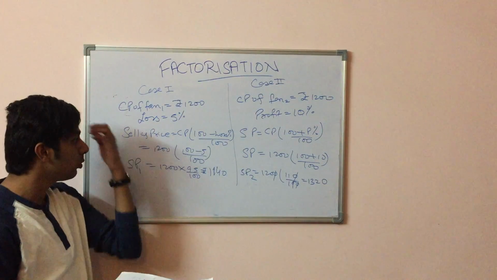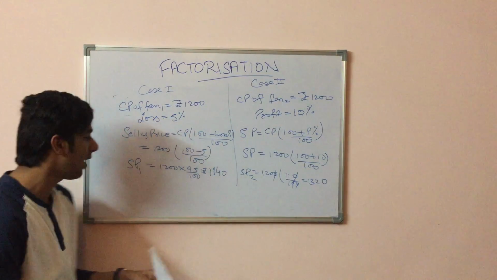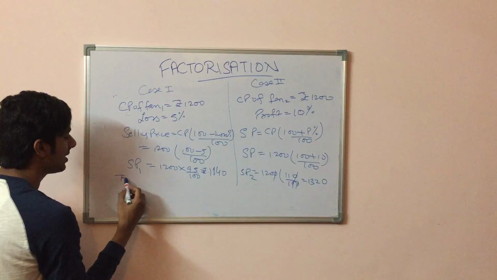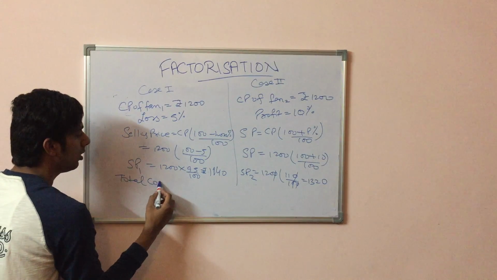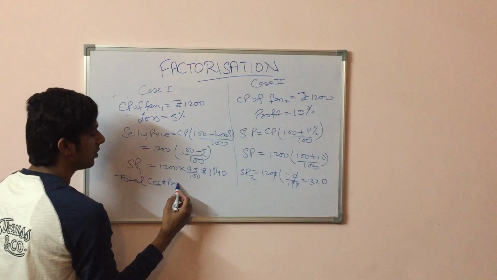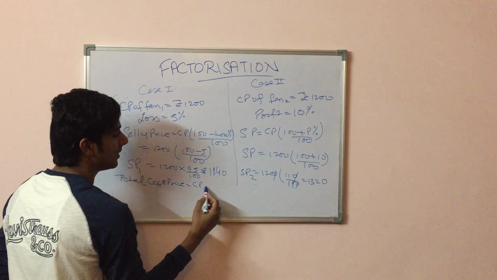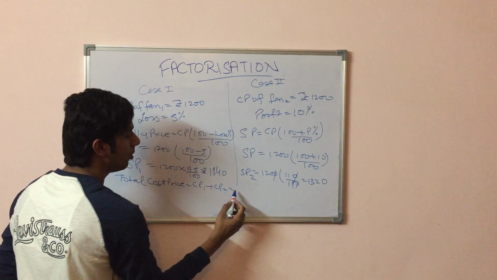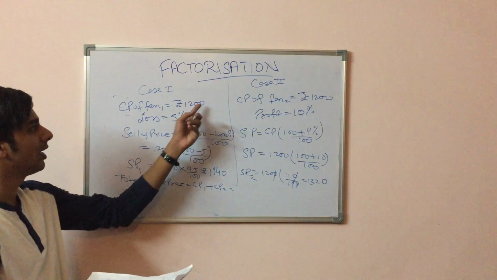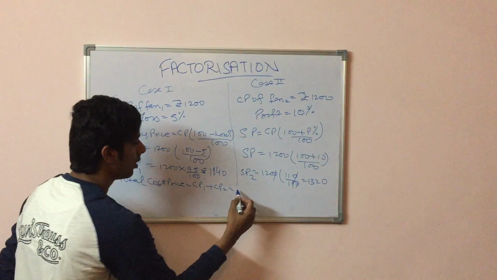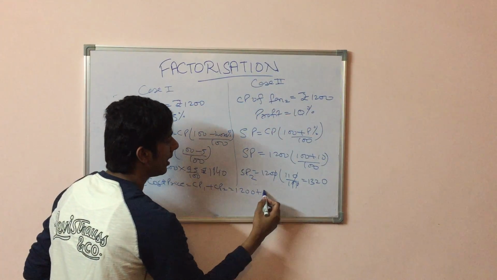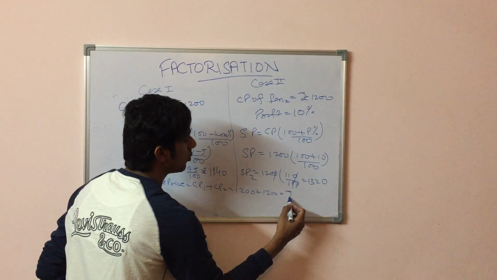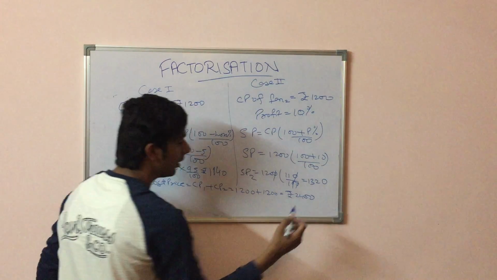Now if we have to calculate the total profit, we have to take out firstly the total cost price. Total cost price is equal to cost price 1 plus cost price 2. Right? Total cost price is 1200 plus 1200, which is rupees 2400.